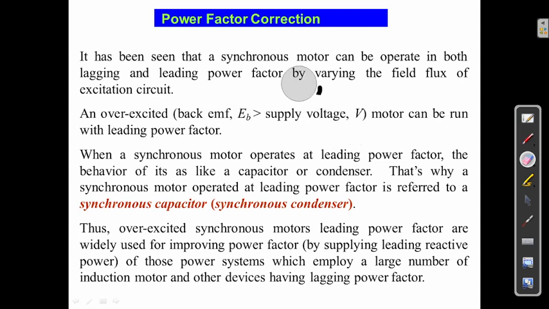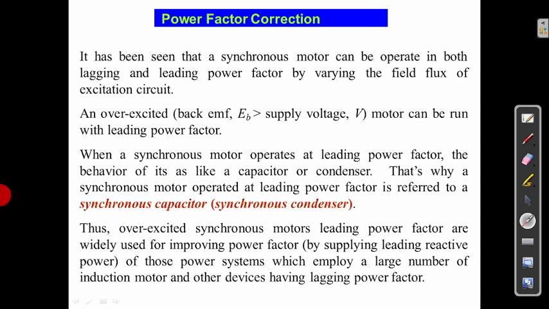When a synchronous motor operates at a leading power factor, it behaves like a capacitor or condenser. That's why a synchronous motor operating at a leading power factor is referred to as a synchronous capacitor or synchronous condenser.